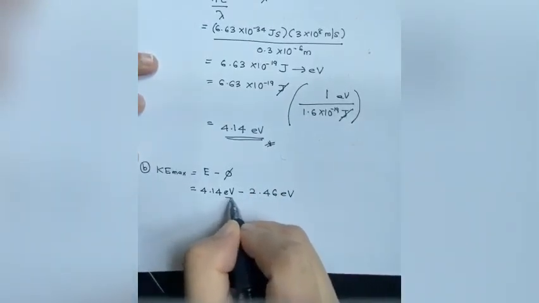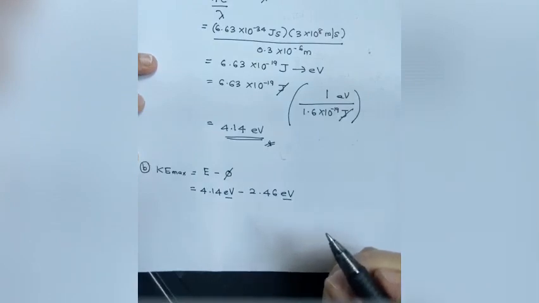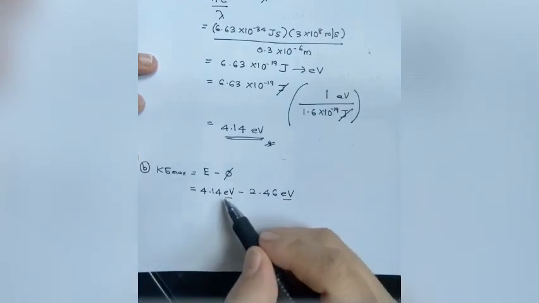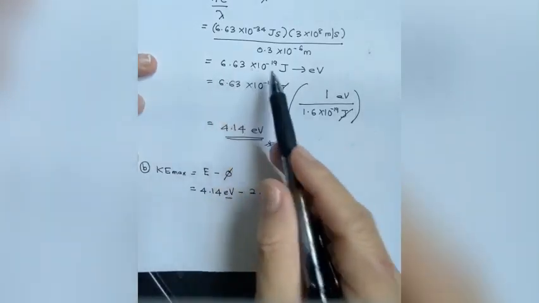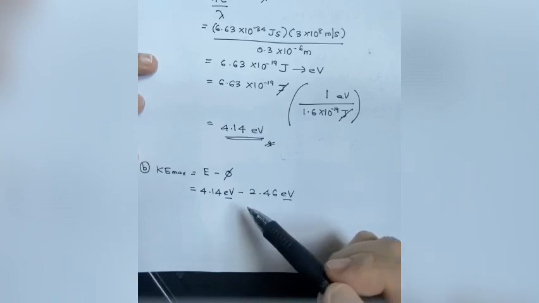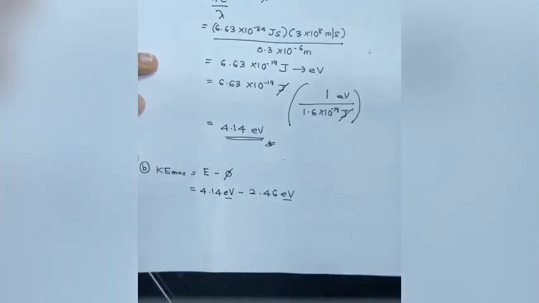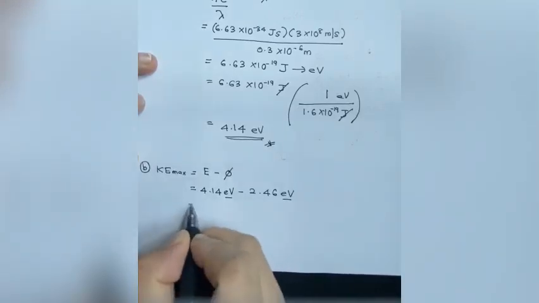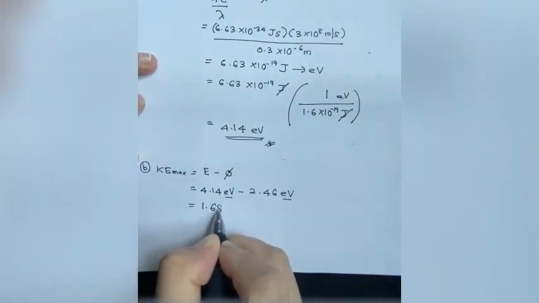Both are in the same unit. If you did not convert to eV and just took the values and subtracted, the answer would be wrong. So they must be in the same unit. The final answer should be 1.68 eV.